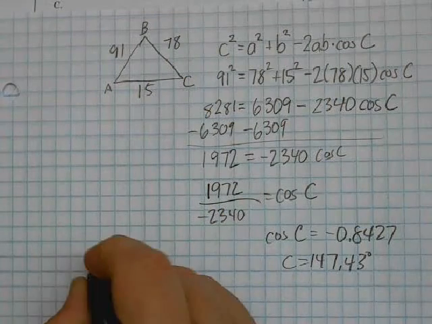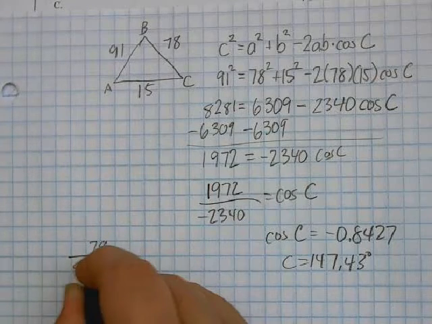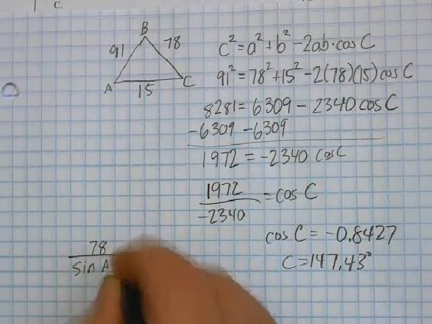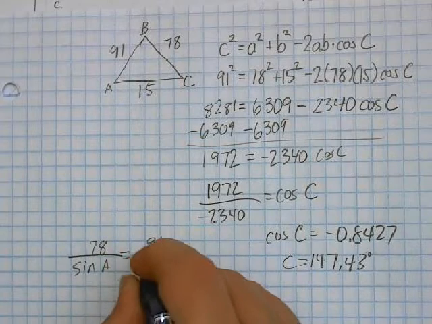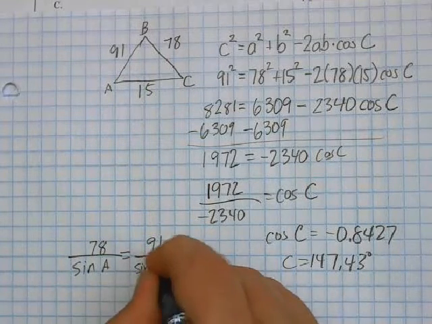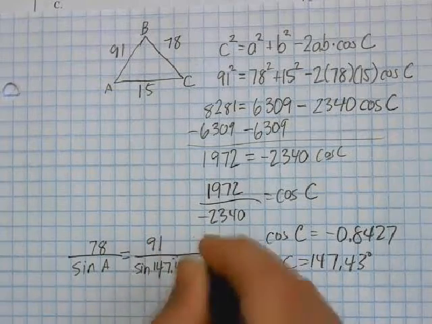So to find A, we can use the law of sines. So 78 over the sine of A equals 91 over the sine of 143.43 degrees. Oh, sorry, 147.43 degrees.